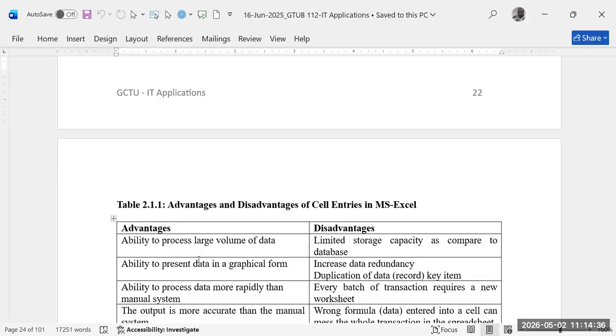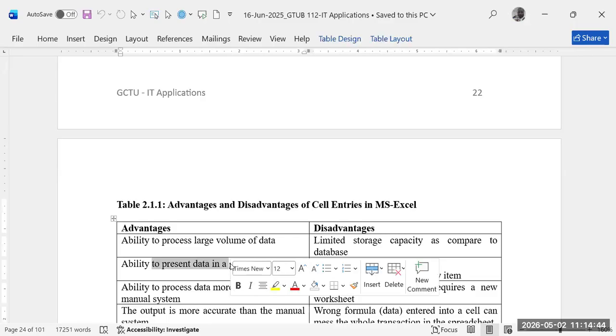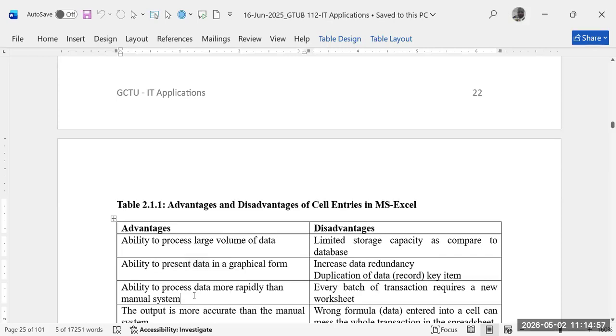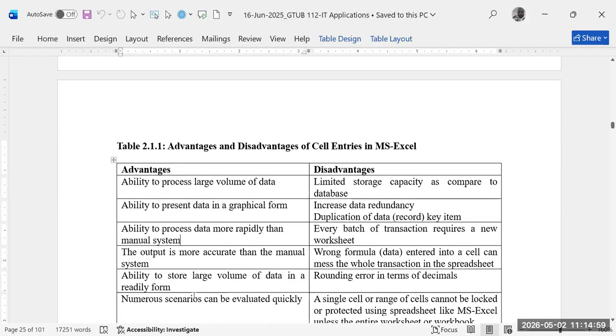You can also present your work in a pictorial or graphical form. Like student results, you can put them in picture form, such as a bar chart, histogram, or pie chart, those things. Then you can also present data in a more rapid approach than the manual systems.